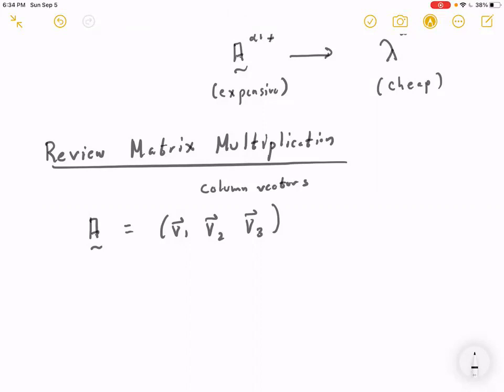So let's have another vector, x, that's 3 by 1.